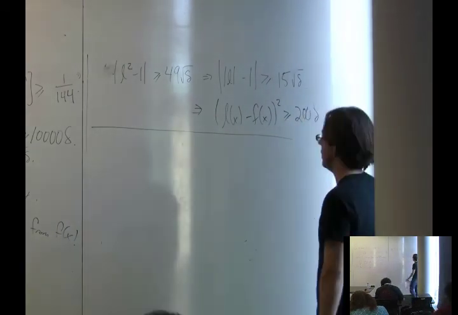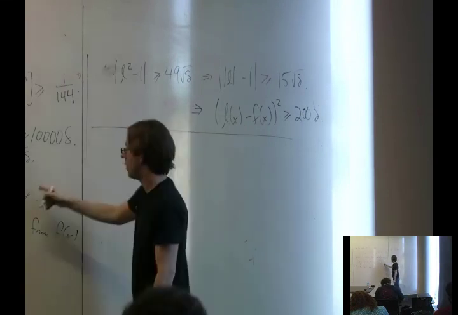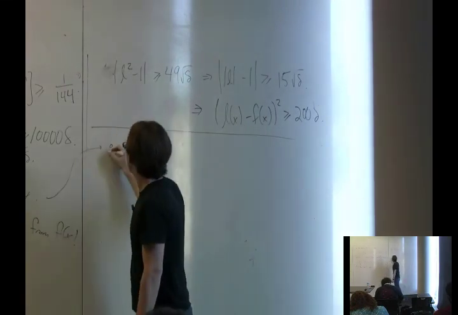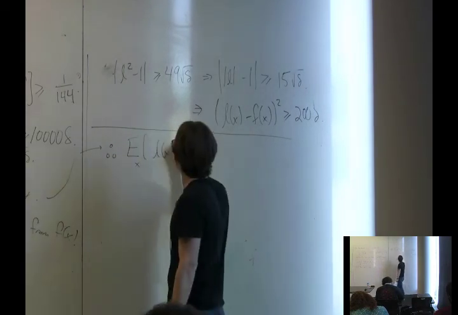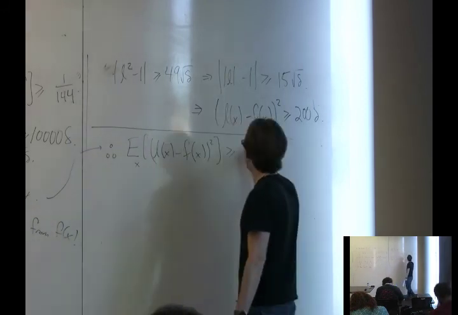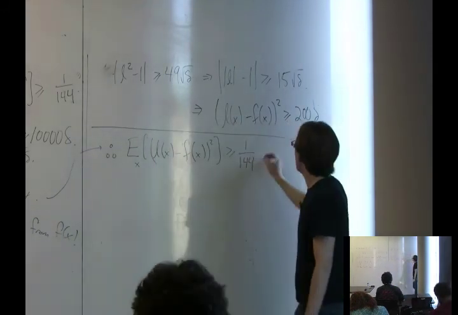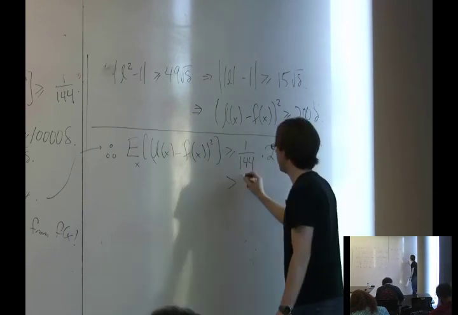So now we're done, because in that case, this immediately tells us, if I look at the expected value over x of L of x minus f of x squared, I know that at least 1 over 144 of the time, it's at least 200 delta, which is bigger than delta.